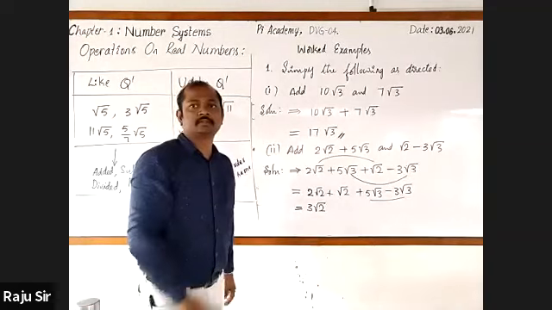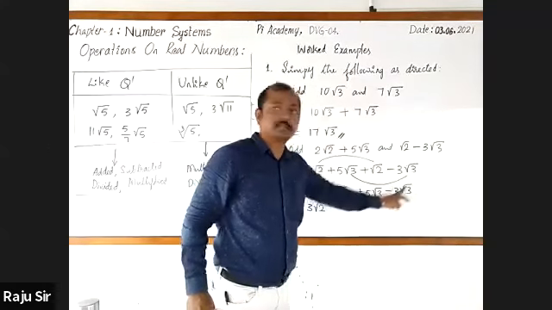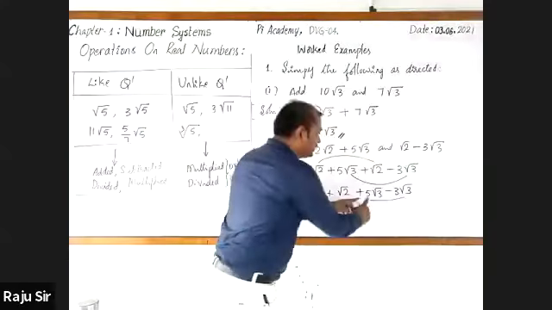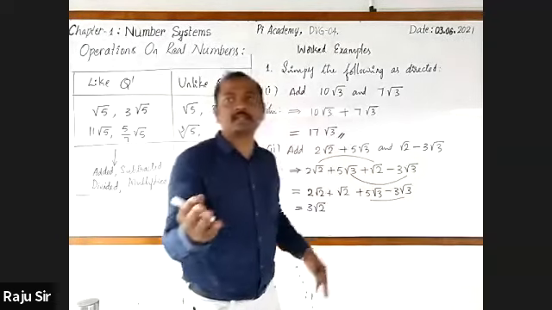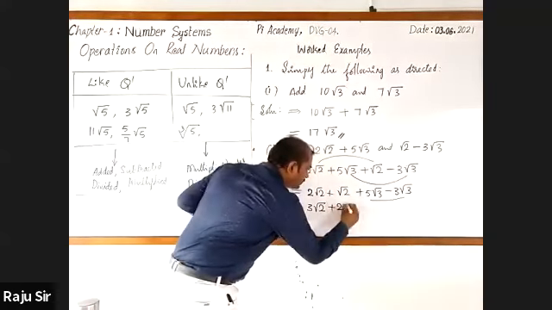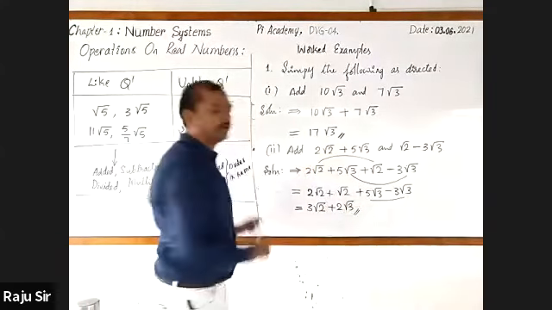Any of these students can respond. 5 times root 3 minus 3 times root 3. 5 minus 3 is 2, so 2 times root 3. Plus 2 times root 3. This is the final answer.